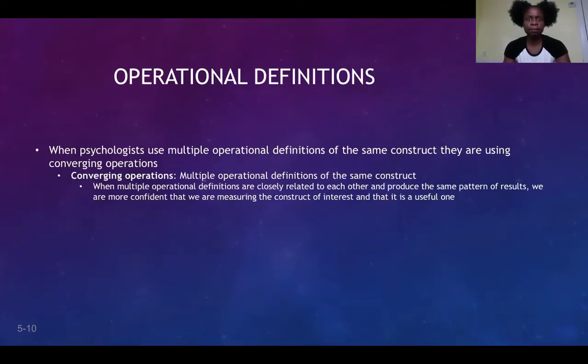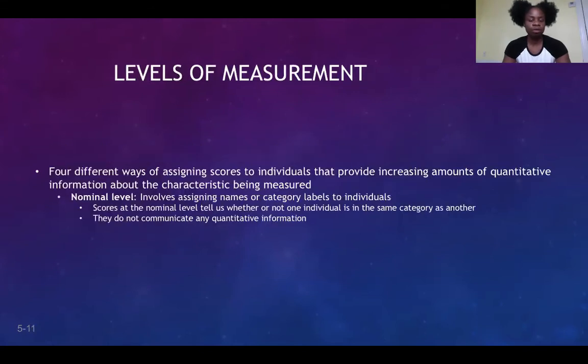And just an important note here, psychologist S.S. Stevens suggested 4 different levels of measurement in psychology studies and psychology research, and we're actually going to go into those levels right now.